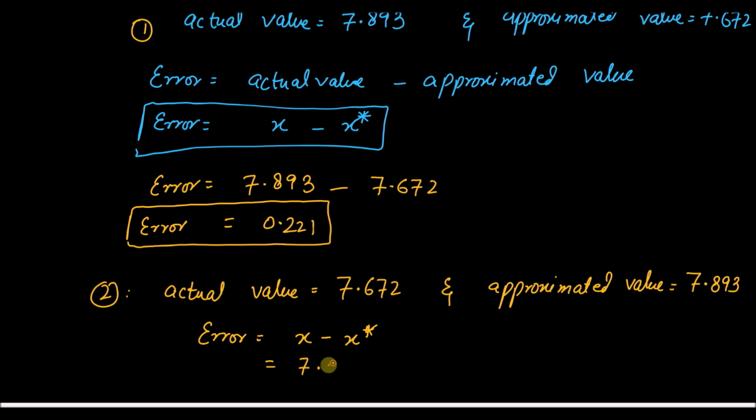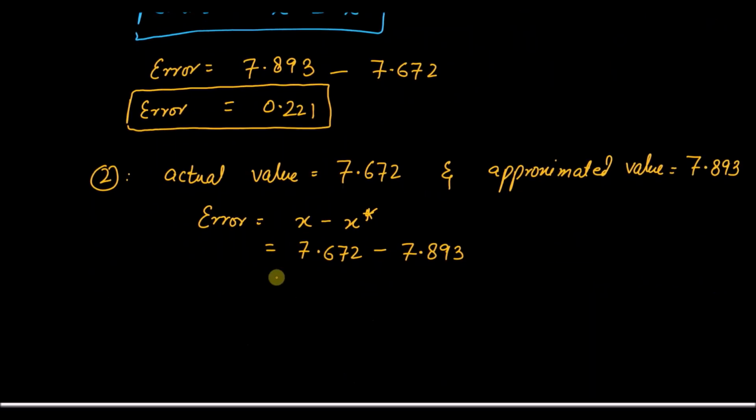So x is 7.672 minus 7.893. When we subtract, we will get negative 0.221.